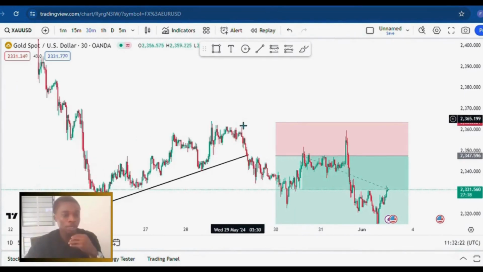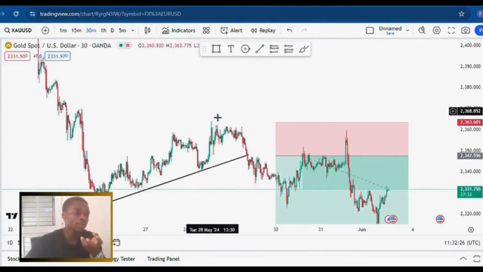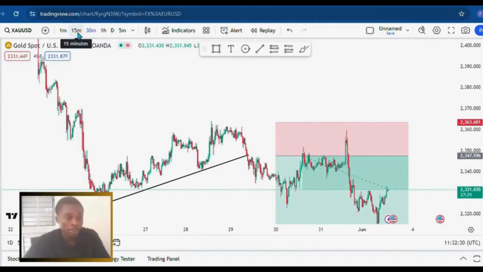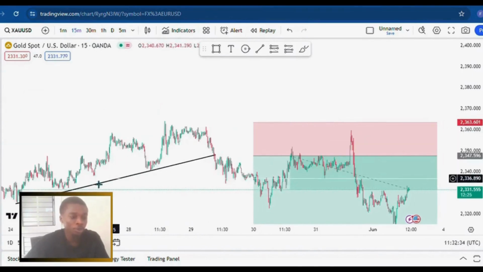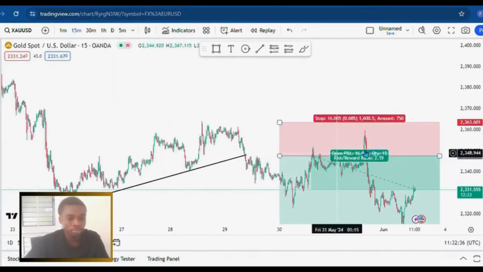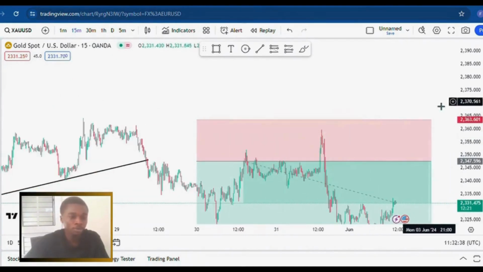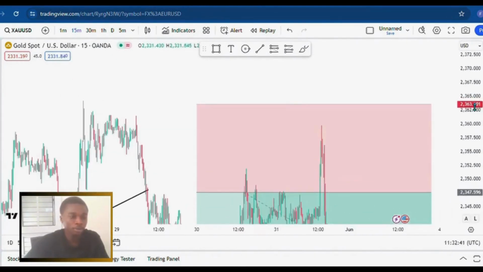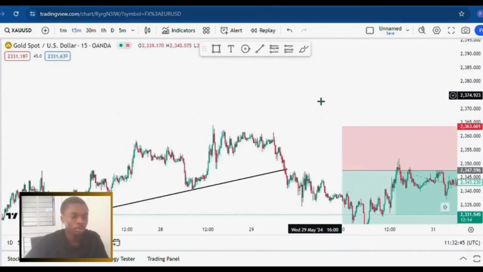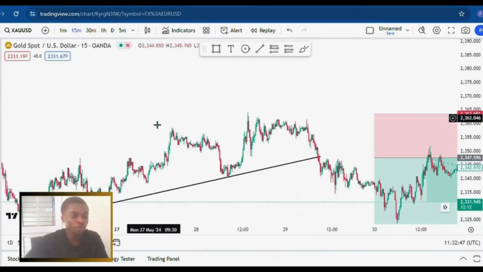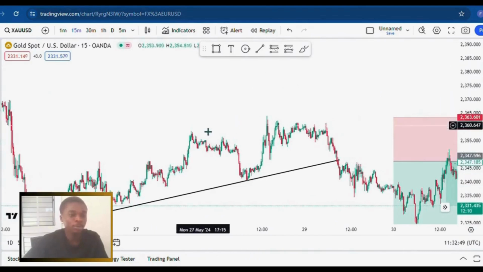Like the day trader, you can trade the 30 minute time frame. You can even switch up to the 15 minute time frame as a day trader. You can see we still have the same trend formation right here, the same trend line.